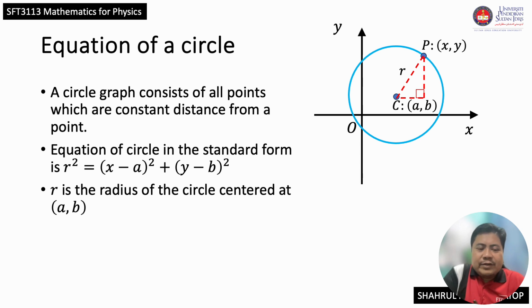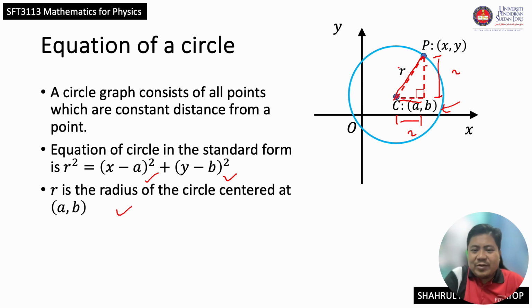So the equation of a circle in the standard form is r squared, because you can see this is a right triangle, so r squared equals the distance in x squared plus the distance in y squared. So you have x minus a and y minus b, where this is the location of the point. So r is the radius of the circle centered at a, b.